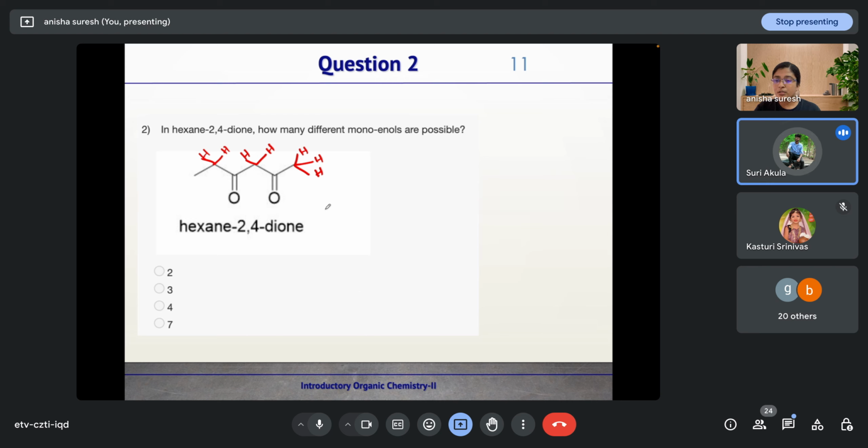So the total number of alpha hydrogens will be 2 plus 2 plus 3, which is equal to 7.